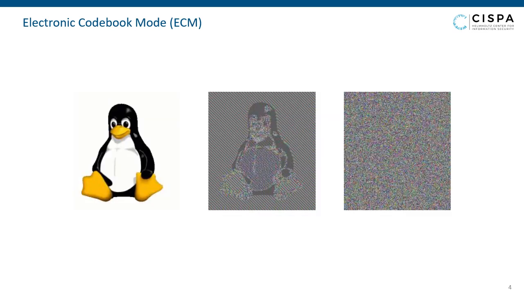This can be seen in this quite famous example from Wikipedia. Take an image, here this Tux penguin, and chop it into blocks of size 256 bits. As a matter of fact, if this is a JPEG image, it comes in blocks of 256 bits. If you encrypt this under the electronic codebook mode, you will get a ciphertext that looks like this.